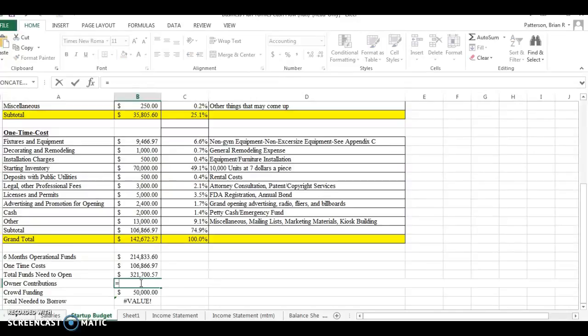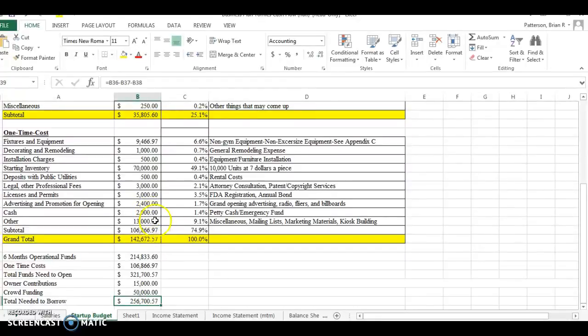Let's say you all put in $5,000, 5,000 times 3, so you're putting in $15,000. Crowdfunding, you guys know what that is. We take the total number needed to open minus the owner contribution of $15,000. Our crowdfunding is $50,000. And then what's left to borrow is $256,000.